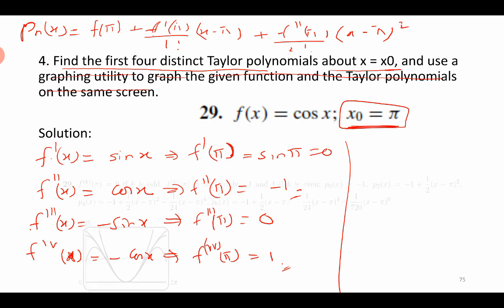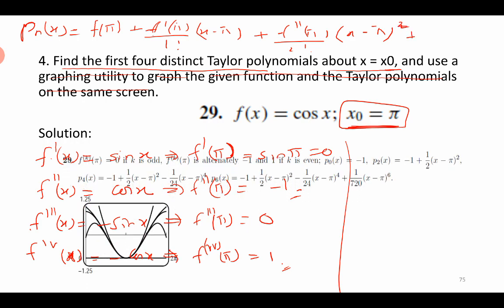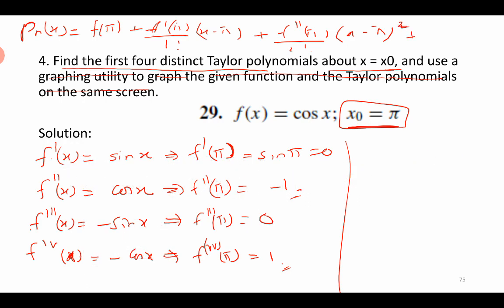In this fashion it goes up to nth degree, isn't it? The nth derivative of f at pi divided by n factorial times x minus pi to the power n. So that is the formula, isn't it?